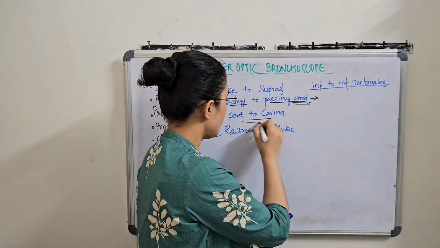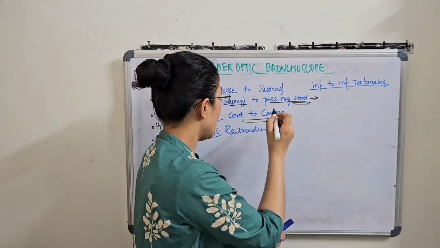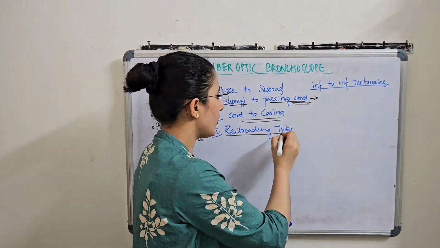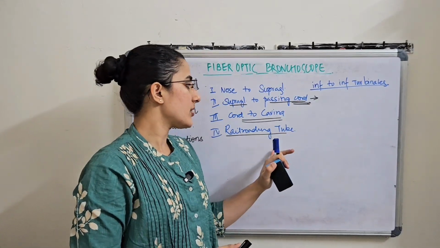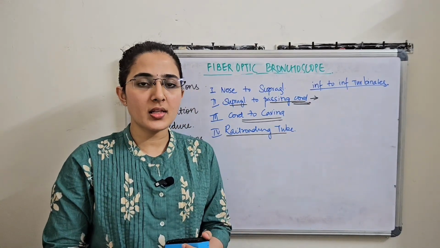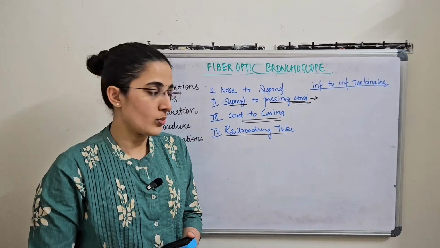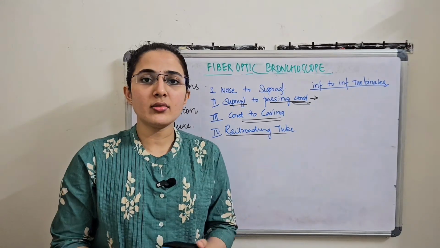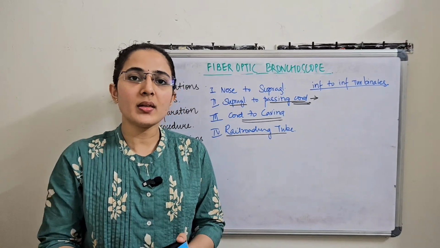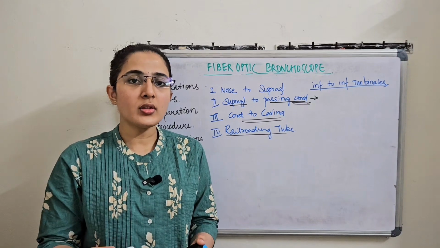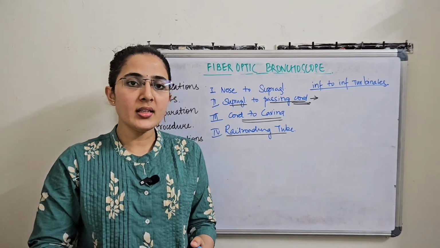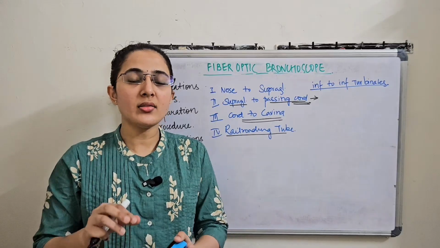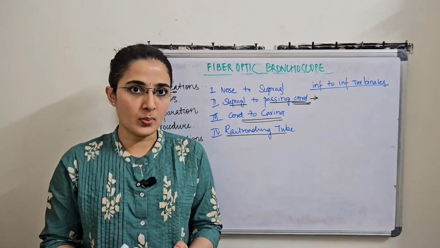So after reaching the carina, we now have to railroad the tube. In railroading the tube is where we sometimes may face problems or issues. The process has to be very smooth. You have to tell the patient to take a deep breath, pass the tube, and then slide it down under the vision of the fiber optic bronchoscope.